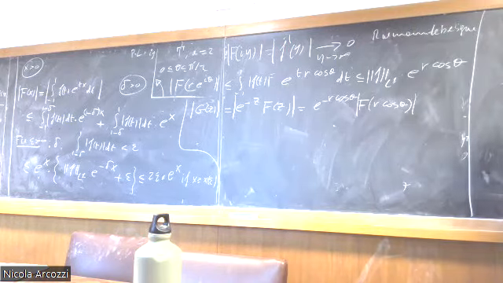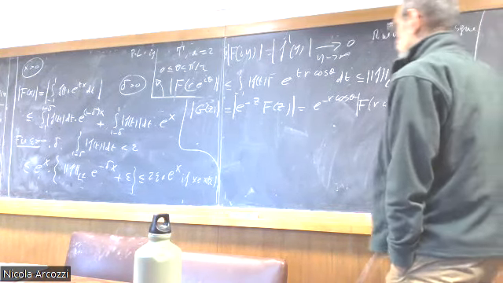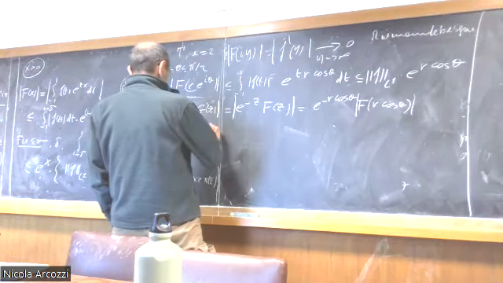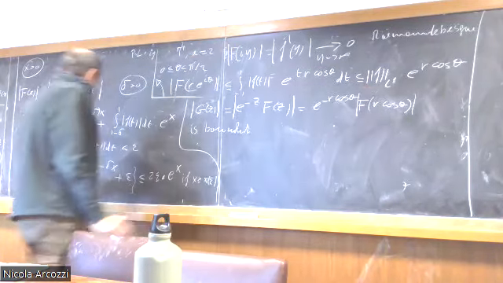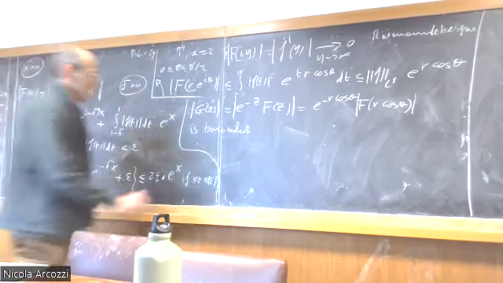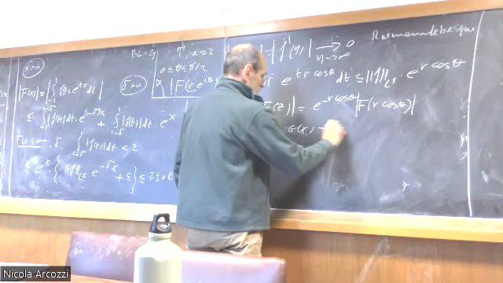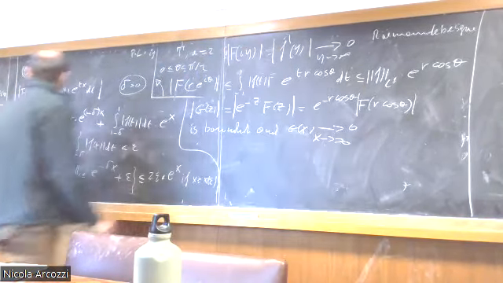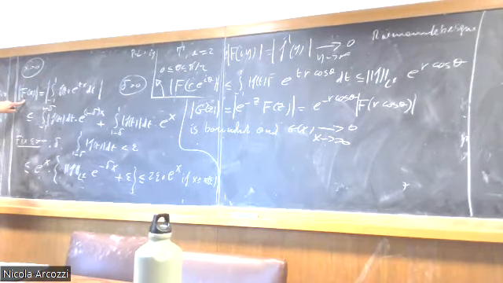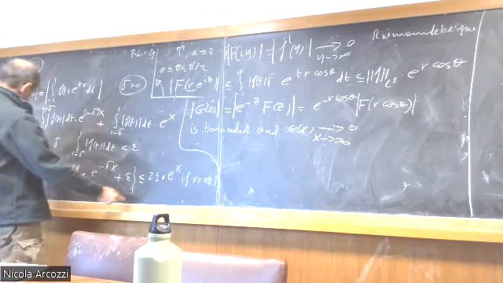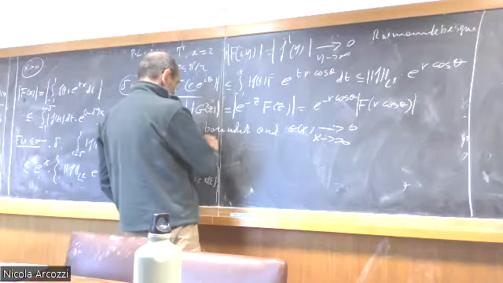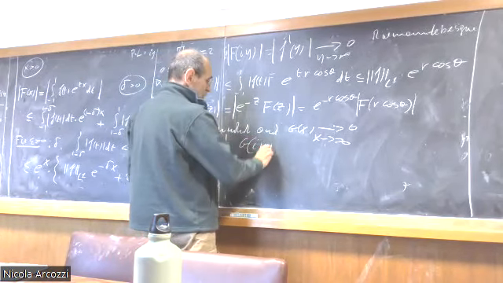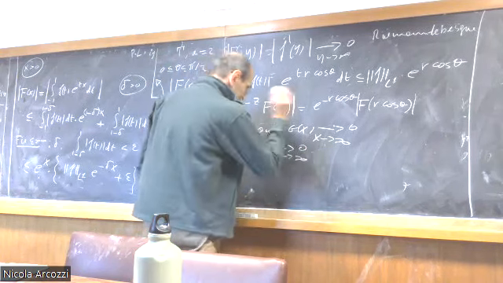Okay, so this function here is bounded because of that, and it goes to 0 as x goes to infinity, because you see, if I do e to the minus x times f of x, that's less or equal to epsilon if x is large enough, which means that thing, and v of iy goes to 0 as y goes to infinity.